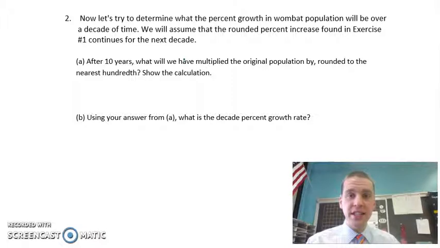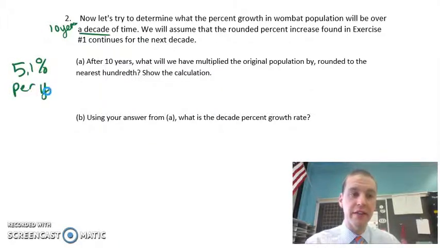So what happens if they continue to grow at this rate for a decade? Remember that a decade is 10 years. And we assume the rounded percent increase from the previous one. So we're assuming a 5.1% increase per year, and that never changes. After 10 years, what will we have multiplied the original population by?